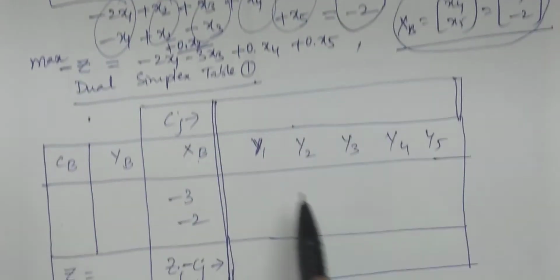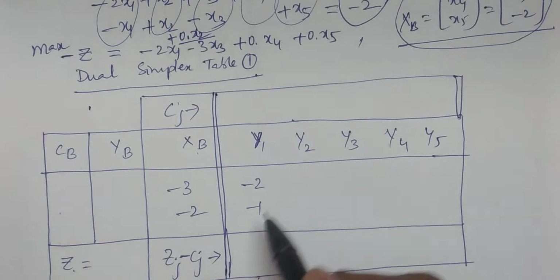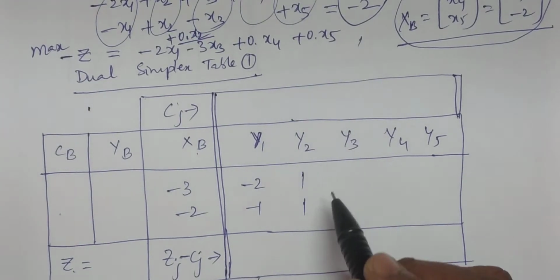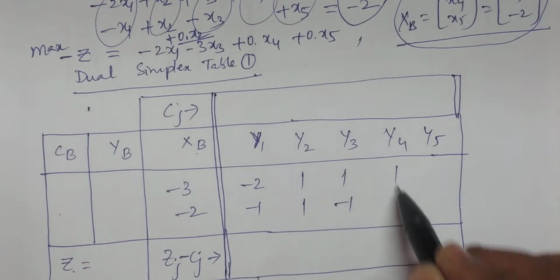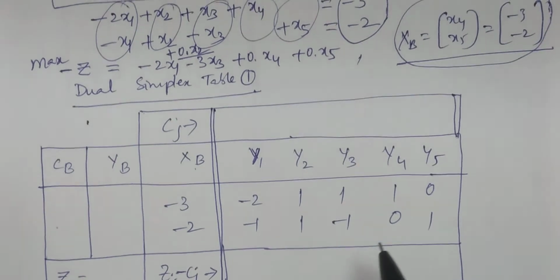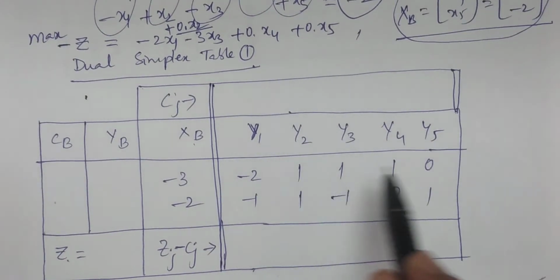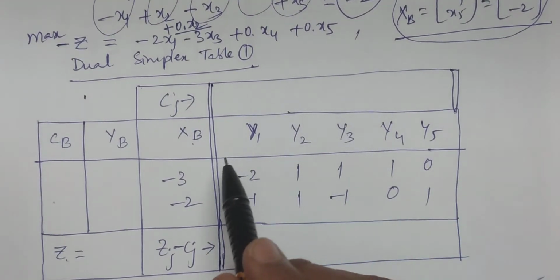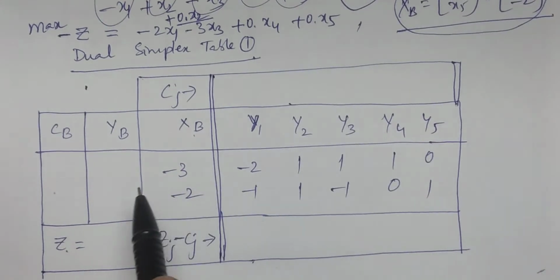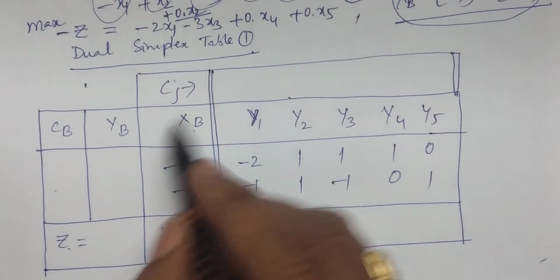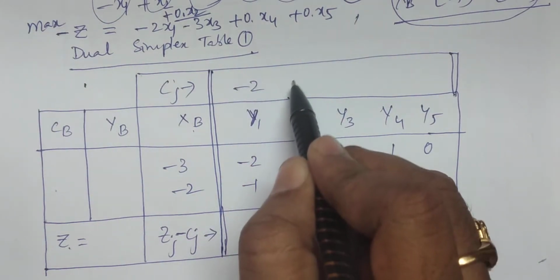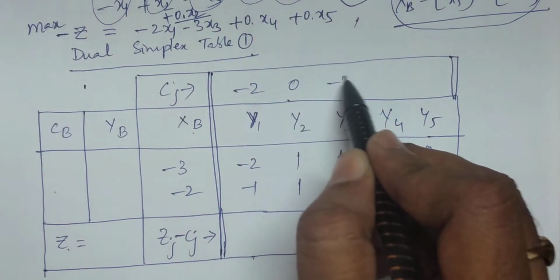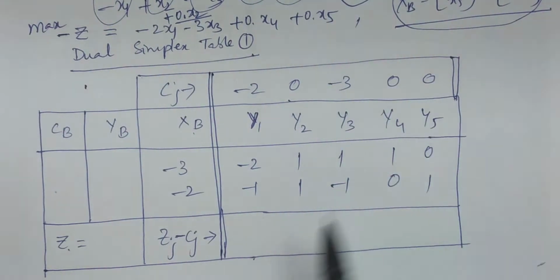So therefore, minus 2, minus 1, 1, 1, and 1, minus 1, and 1, 0, 0, 1. These are the values in XB, y1, y2, y3, y4, y5, in the coefficient matrix of X, which is formed here. And the Cj cost here is minus 2, 0, minus 3, 0, 0.